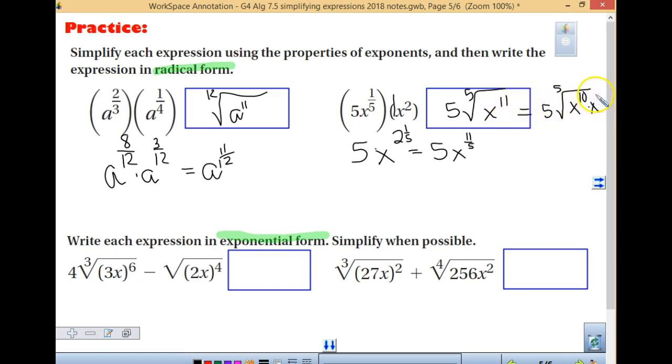Can we take x to the 10th and divide it by 5 evenly? Yeah. So I picked 10 because I know it's divisible by my index, right? I wouldn't want to pick 2. I wouldn't want to have 3 if I'm breaking that down. So the simplest form of this answer, 5x to the 2nd times the 5th root of x.